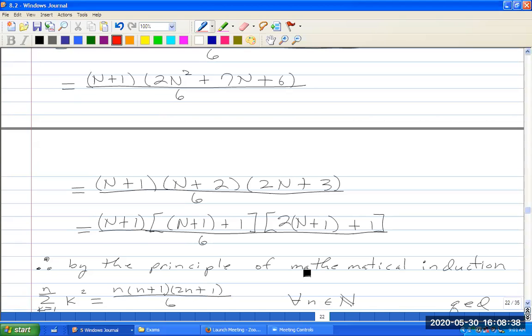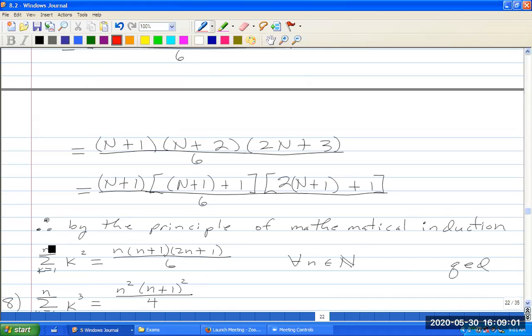Lastly, let me rewrite n plus 2 as n plus 1 plus 1, and 2n plus 3 as 2n plus 2 plus 1. Factoring out the 2, I get 2 times the quantity n plus 1 plus 1. So now I see that if I replaced this n by n plus 1, I get the same formula.